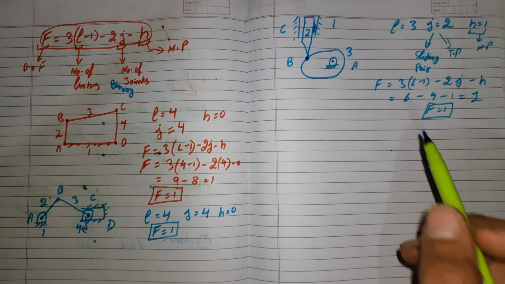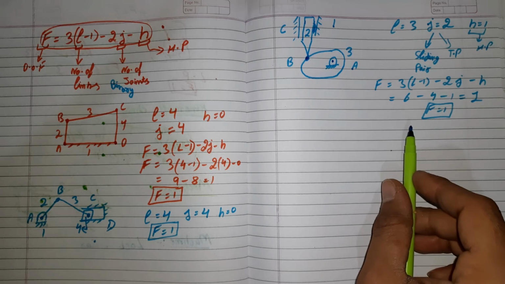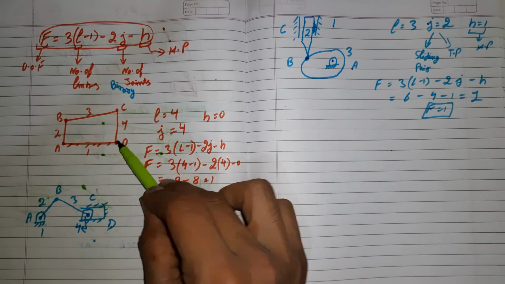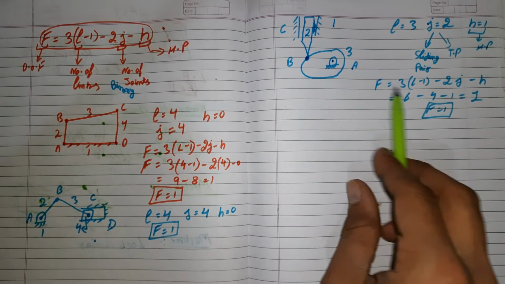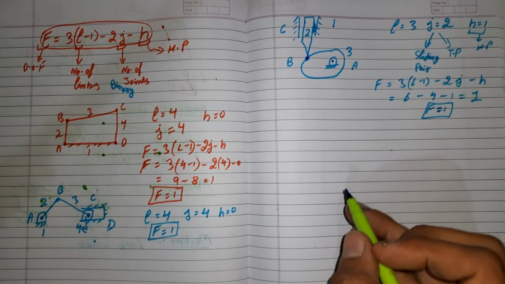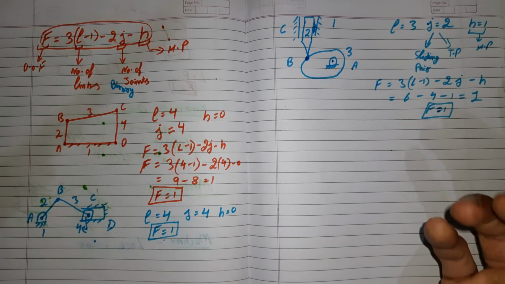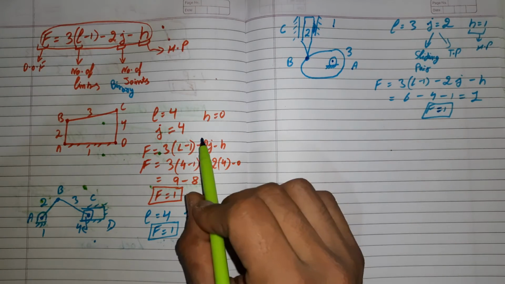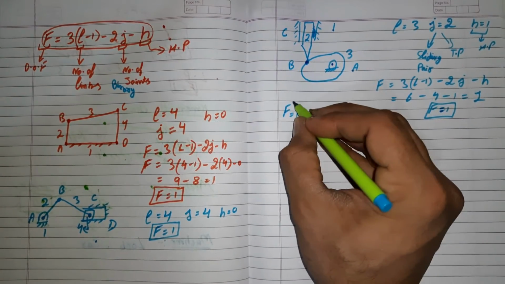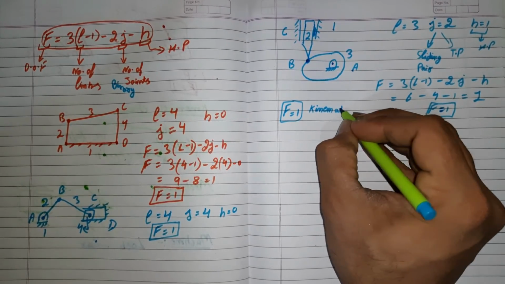Now here one main thing to be considered is that all these three mechanisms have degree of freedom 1. If the degrees of freedom for any linkage combination comes out to be 1, then it comes under the category of kinematic chain. If F equal to 1, then it is a kinematic chain.